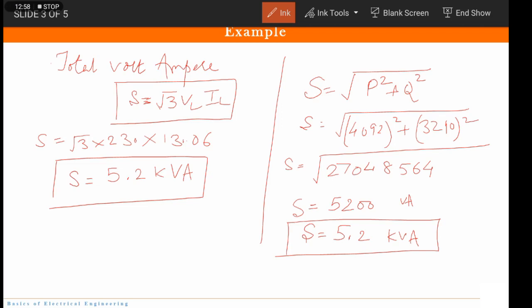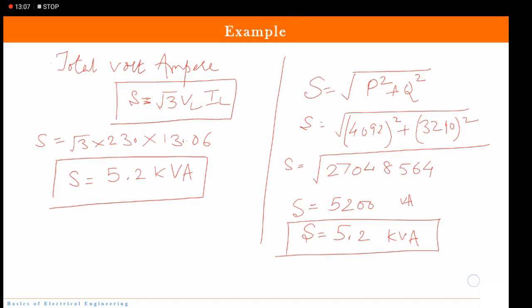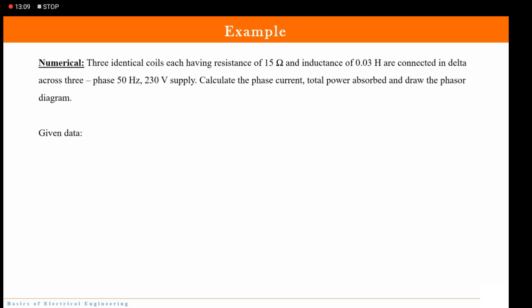So simply we have to make use of the equations which we have already derived, and then we will be able to calculate all the things. Okay. Let us go to the next numerical. The next statement says 3 identical coils, each having resistance of 15 ohms and inductance of 0.03 Henry, are connected in delta across a 3-phase 50 Hz 230 volt supply.